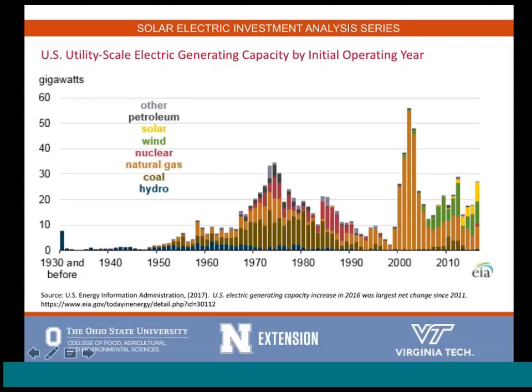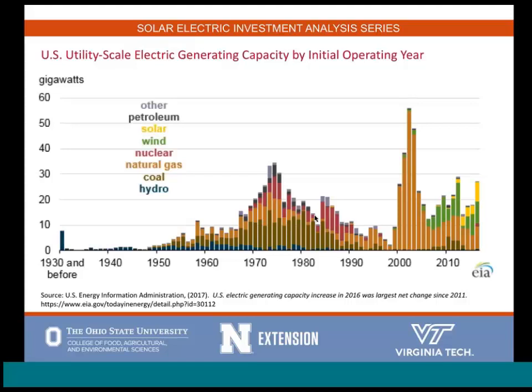And then, in the 70s and 80s, we have the nuclear additions illustrated in red. More recently, in the past 15 years, we've seen a big spike in natural gas additions, almost 228 gigawatts of natural gas capacity added over the last 15 years.